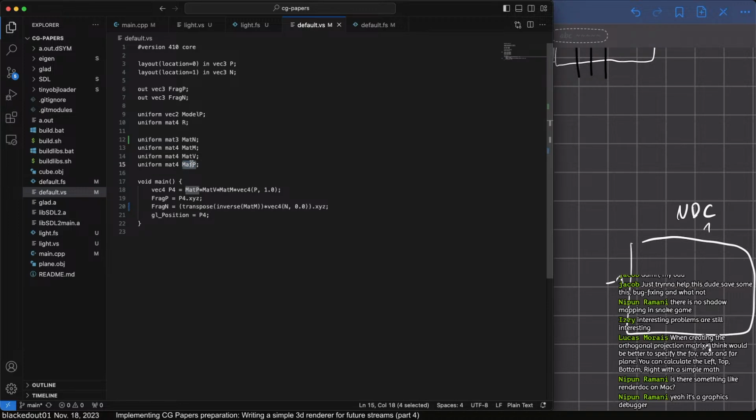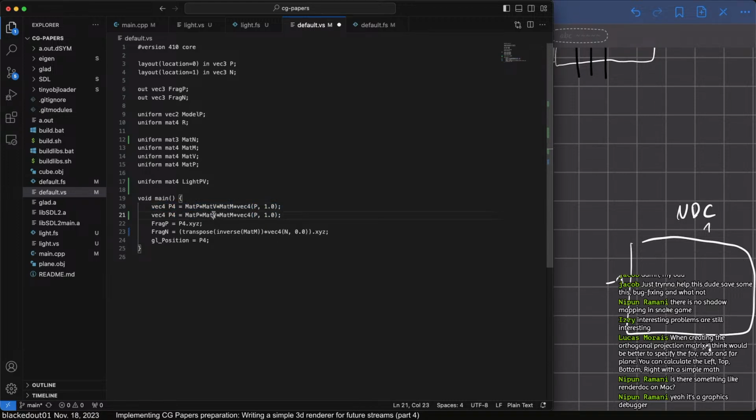But what we will also do, we will use the same transformation that we did in the light shader. So we need the light projection and view matrix. And what we will do with this is we will transform the point, but now with the light stuff, so light PV. And then we have a light point. That's basically the point projected into the light space.